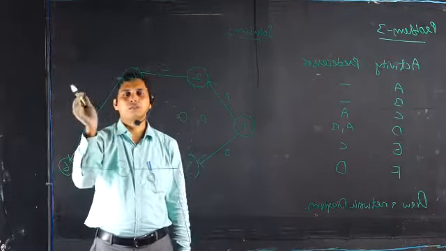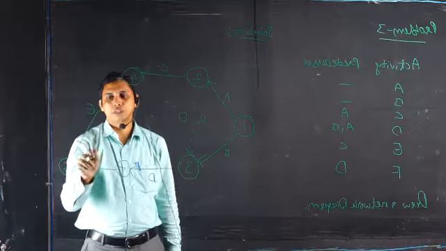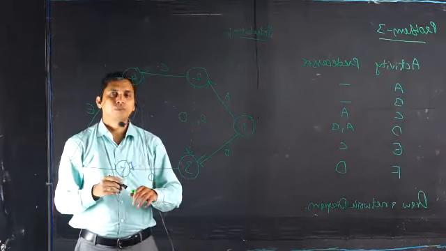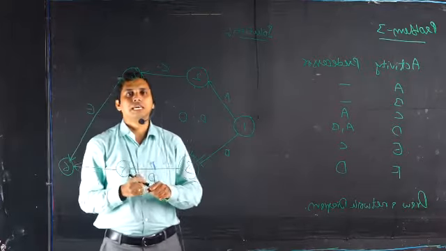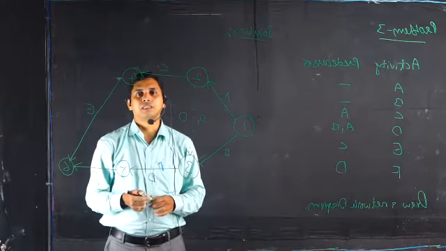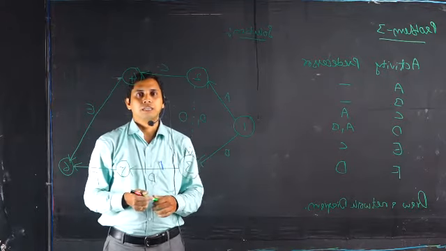Whatever leftover activities there are must be joined to the final activity. That's why E is joined with F. So this is how we draw a network diagram for projects where dummy activities are required. Okay, hope you understand this problem.